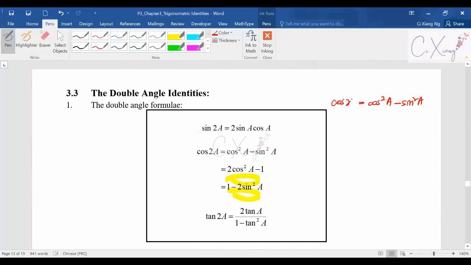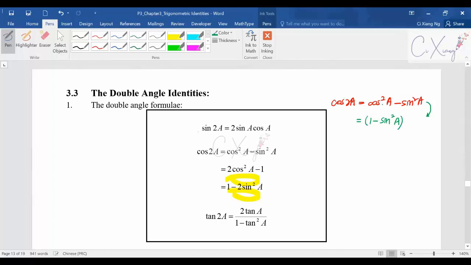Okay, so I'm having cos 2A here equals cos square A minus sine square A. How can I get the other two formulas? Very easy also. From the original formula, you change the cos square by using 1 minus sine square, because cos square plus sine square equals 1.